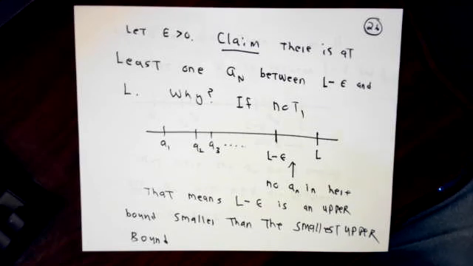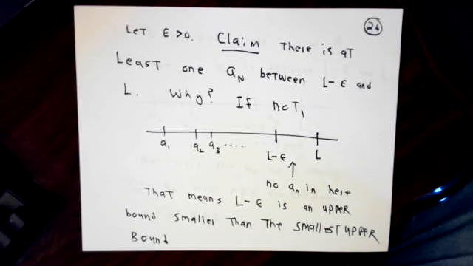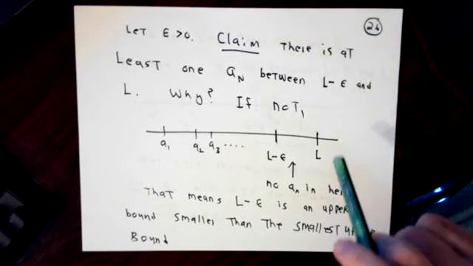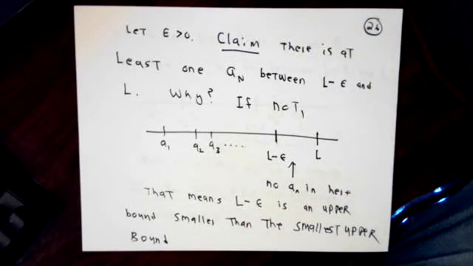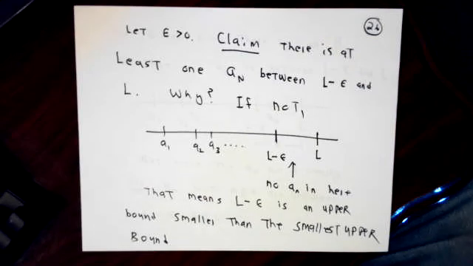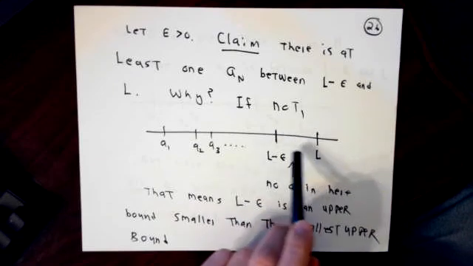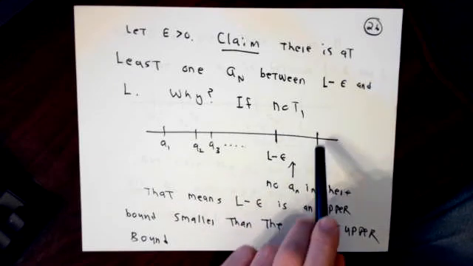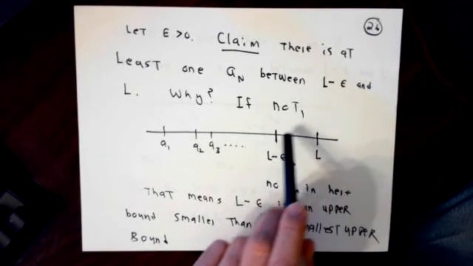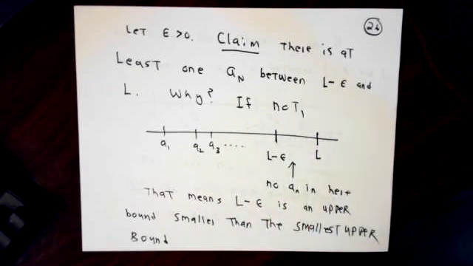Pick a positive number epsilon. Maybe it's big, maybe it's tiny, but it's positive. I claim that there has to be at least one of the a sub n's between L minus epsilon and L. The reason that that's true is, if it wasn't true, there would be no a sub n's in here.